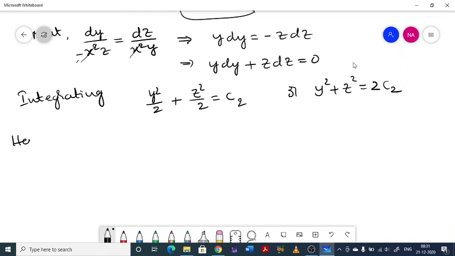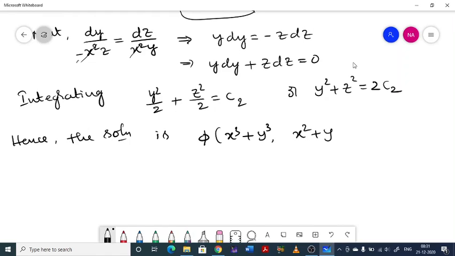Hence the required solution is phi of x cube plus y cube comma y square plus z square equal to 0. This is the required solution.